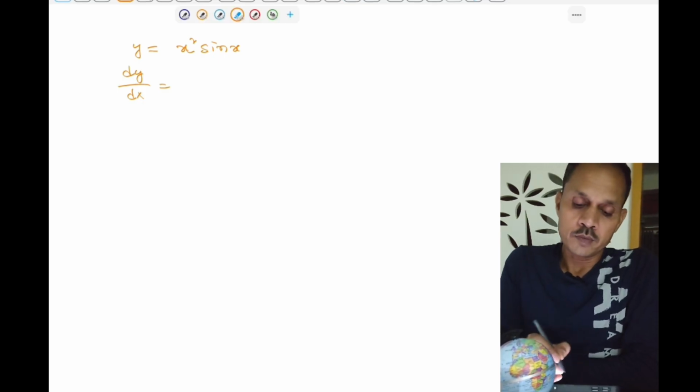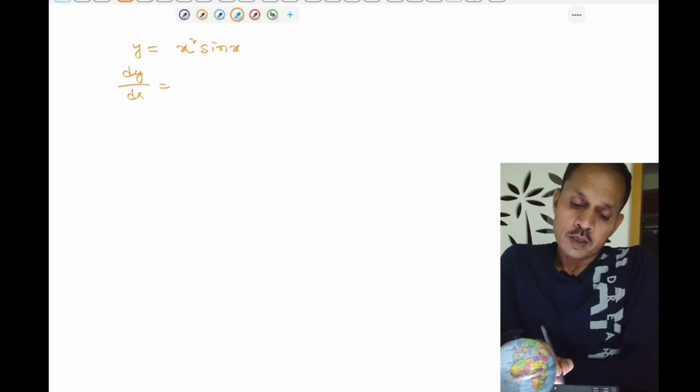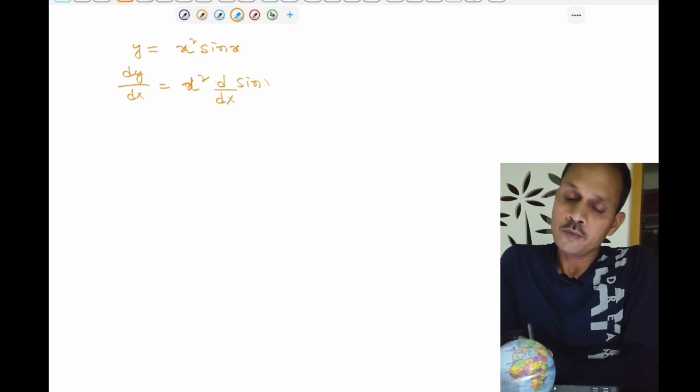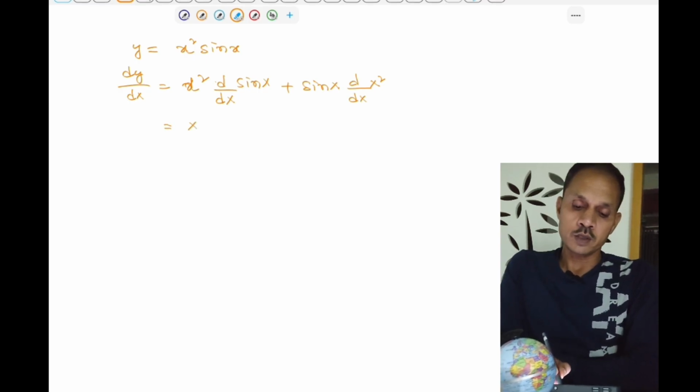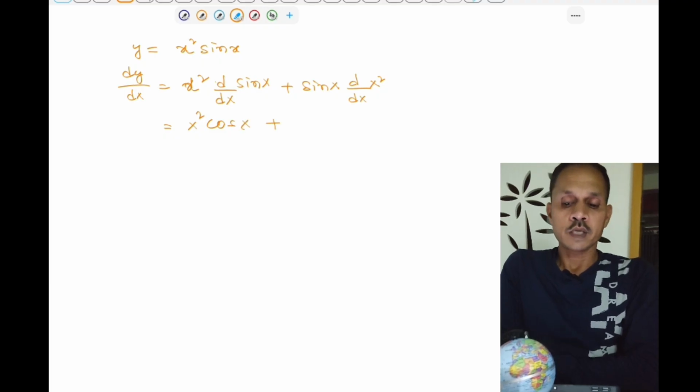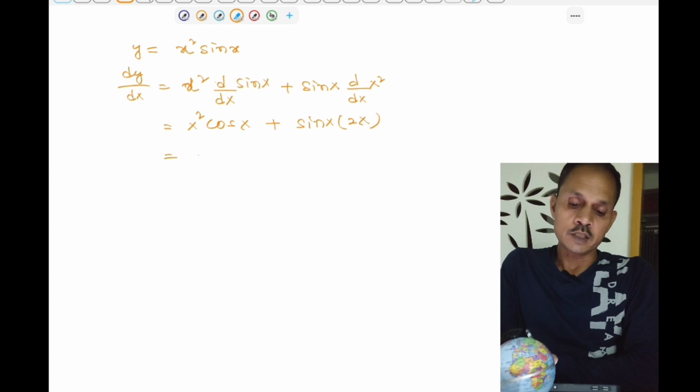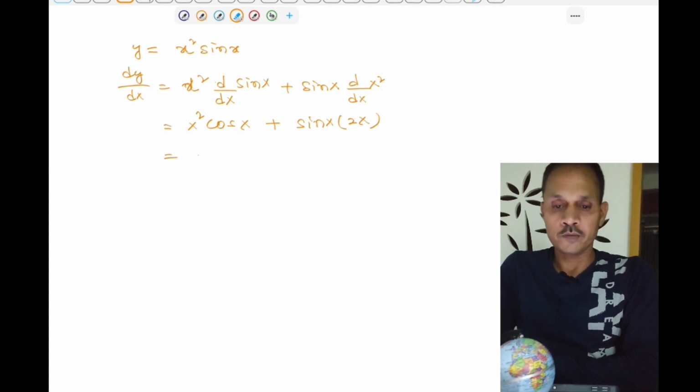So using that method, we say x square, leave it as it is, into d by dx of sin x, plus leaving sin x as it is, d by dx of x square. Now what is the result? x square into d by dx of sin x, cos x, plus sin x as it is into d by dx of x square is 2x. So the total answer is x square cos x plus 2x sin x. That's all.